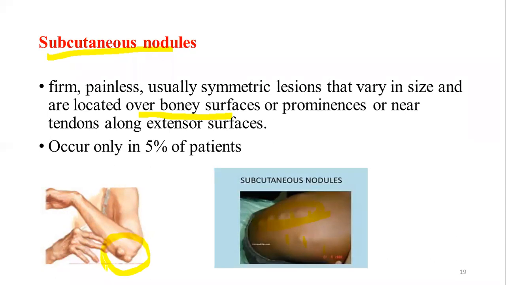They occur in only 5% of patients. So it is not as common as migratory polyarthritis. It only occurs in 5% of the population. This is something you need to give emphasis, which is very important.